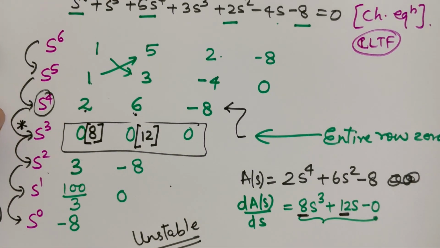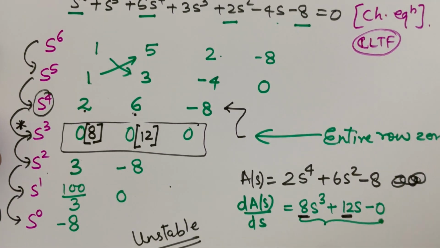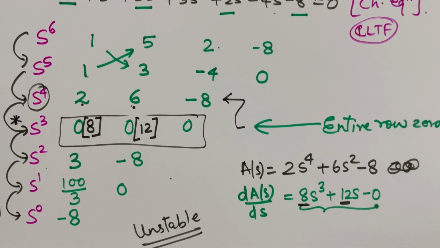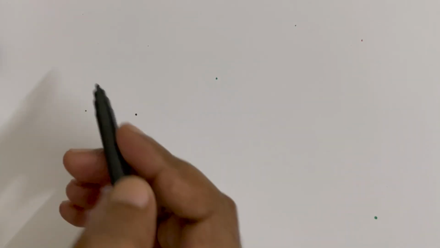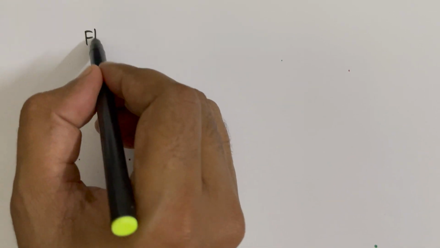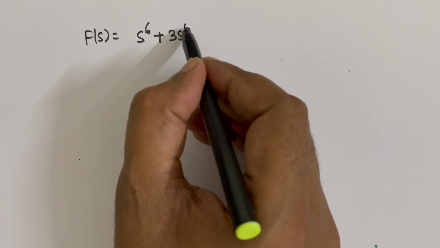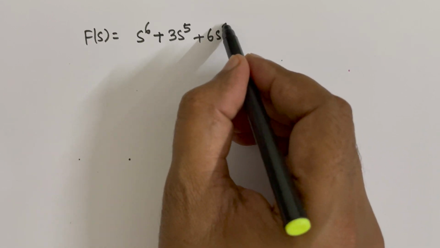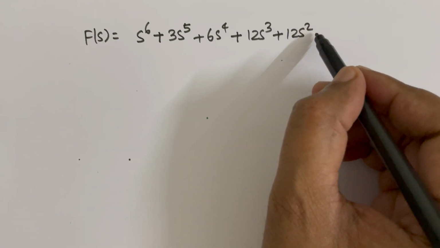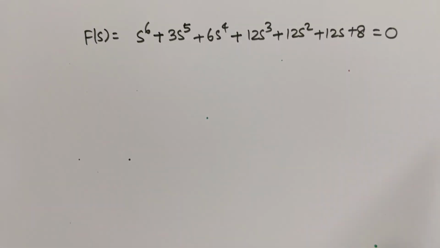Now we'll take one more special case where two rows will become 0, and then we will see how that kind of system is not stable. Let us take the characteristic equation as F(s) equal to s^6 plus 3s^5 plus 6s^4 plus 12s^3 plus 12s^2 plus 12s plus 8 equal to 0.